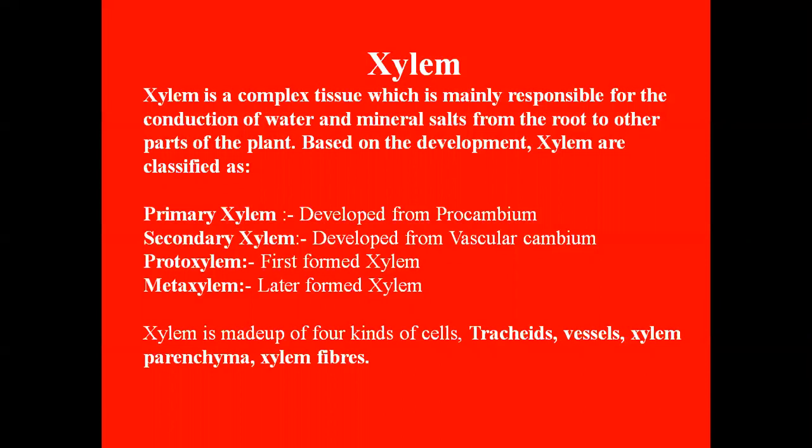Xylem is made up of four kinds of cells: tracheids, vessels, xylem parenchyma, and xylem fibers.